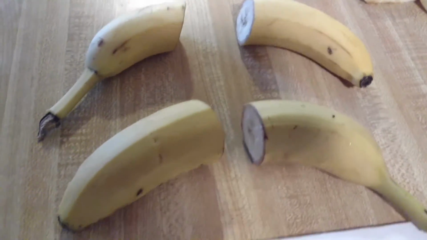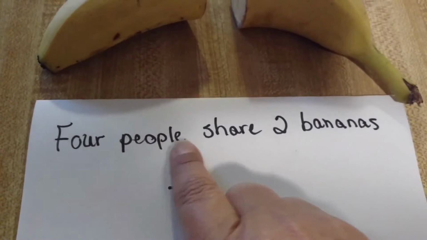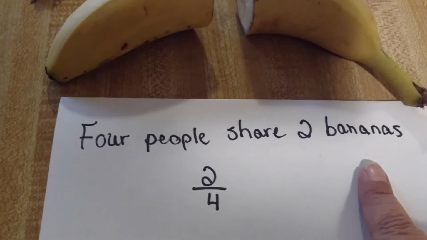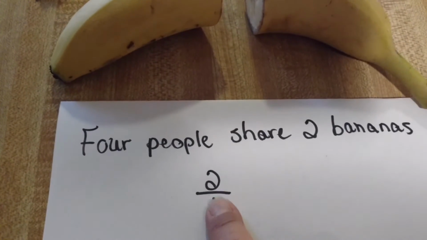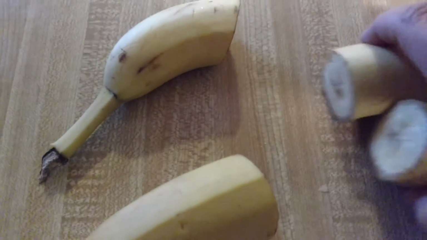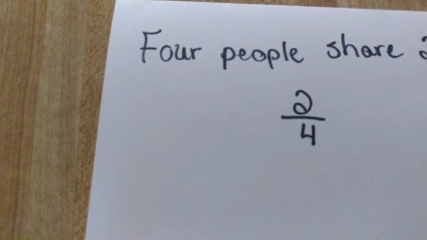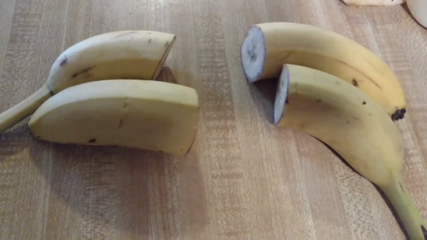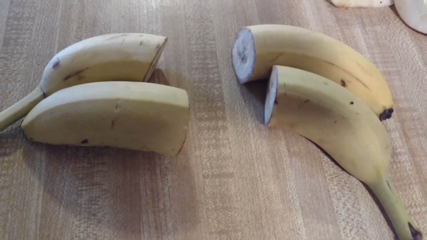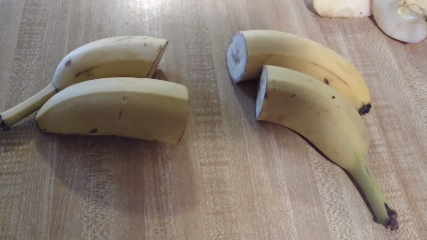By their theory or their method, you write your problem out. 4 people share 2 bananas. Each person gets 2 of the 4. Okay? There's 1 person. There's 2 persons. And we're out of bananas. We have 4 people, but that only feeds 2 people. 2 pieces of the 4. See how it's not working?